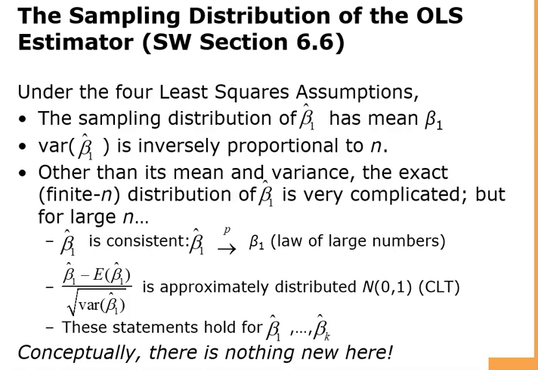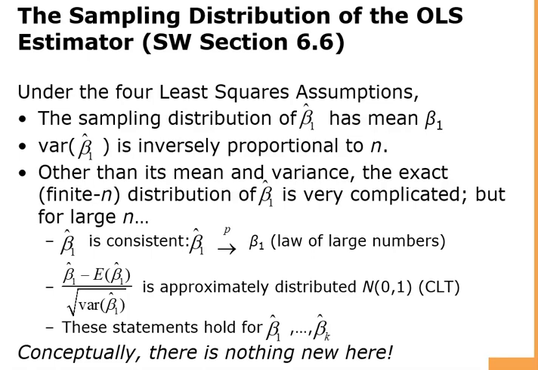So pretty much, we don't really need to get into the distribution of beta 1 hat and beta 2 hat, because it is very complicated. If you are really interested in that, you can take a look at the appendix. But the two important things to consider are that the overall idea remains the same, that we are still following the law of large numbers, and we are also sticking to the central limit theorem.